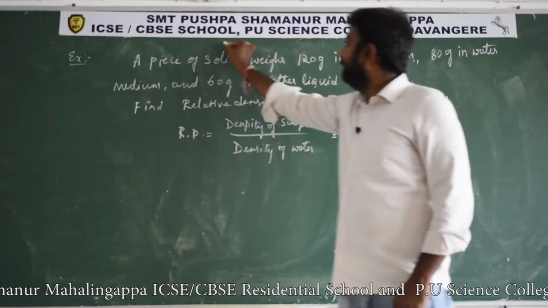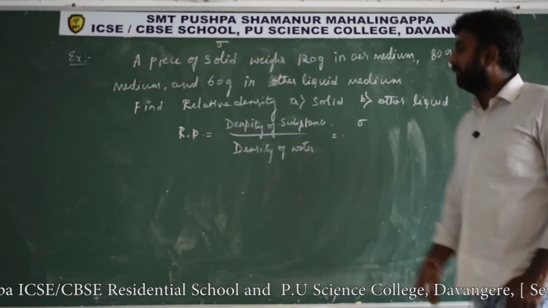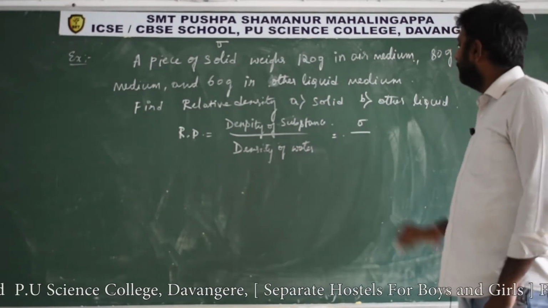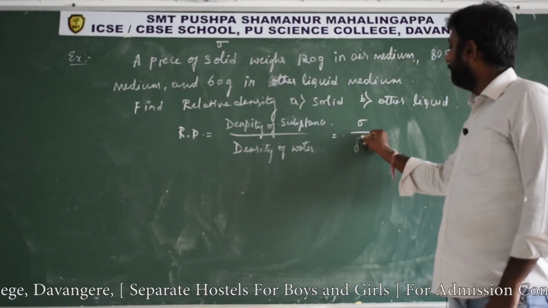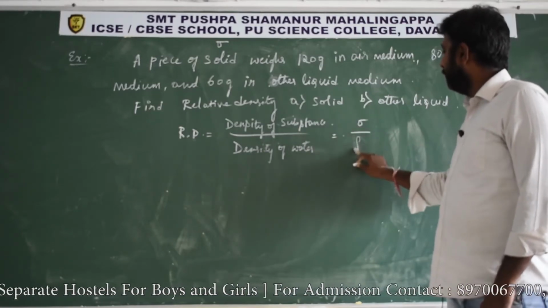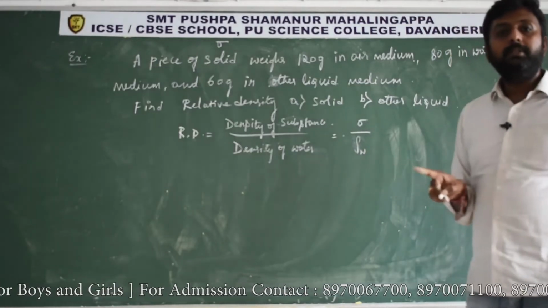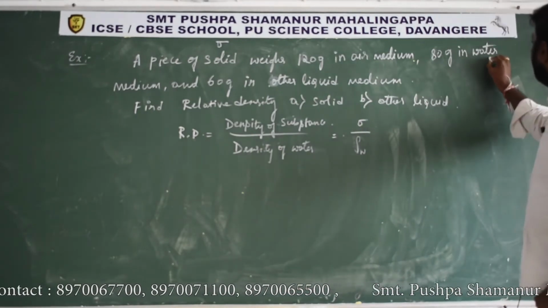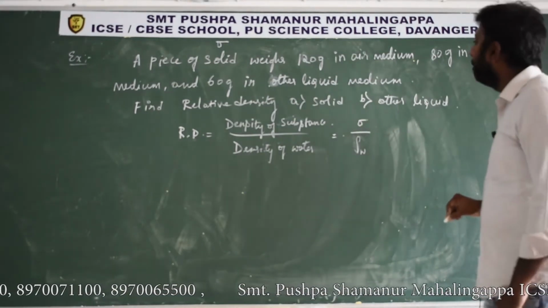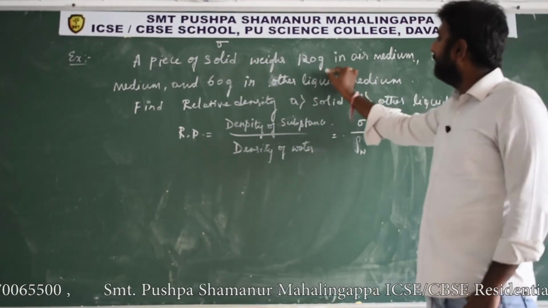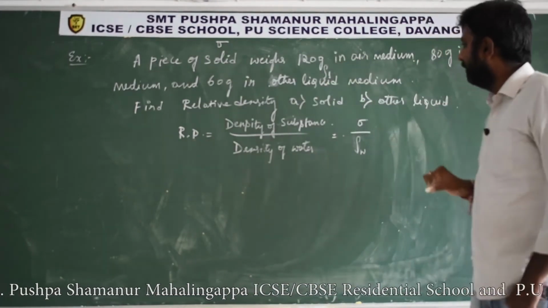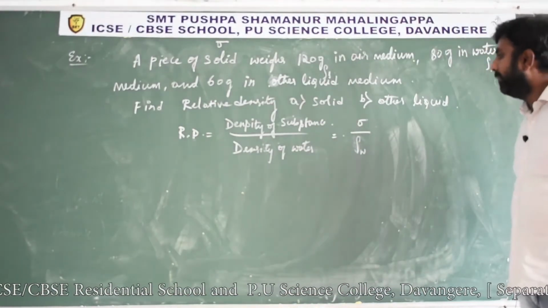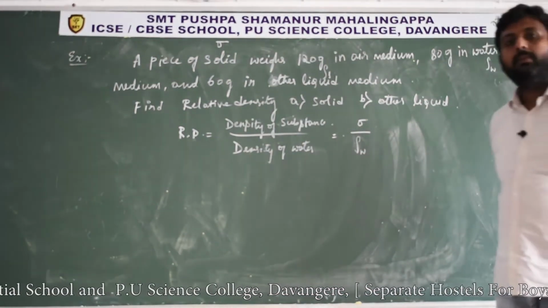Sigma is the density of solid, divided by density of water. Density of water I will represent with rho W. In a similar way, in the other liquid, that liquid density is rho L. So this is the basic definition, density of substance to the density of water, sigma by rho W.